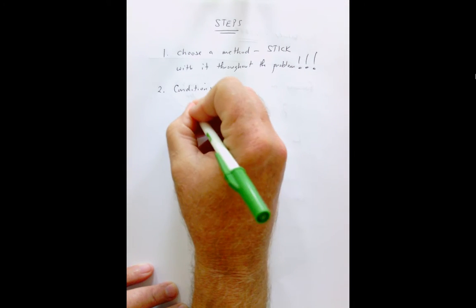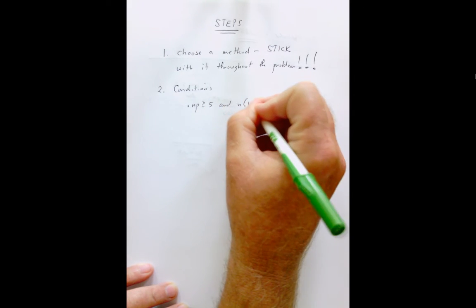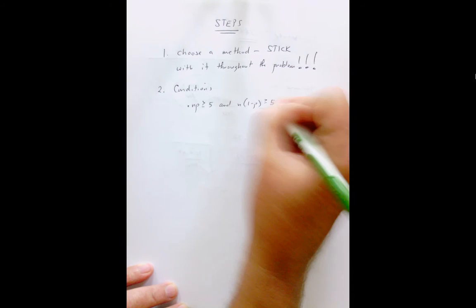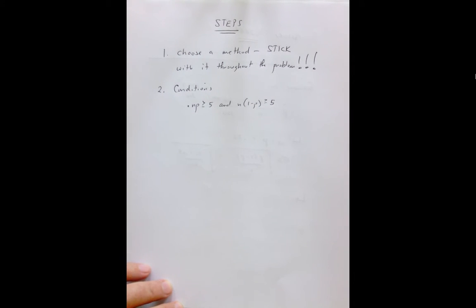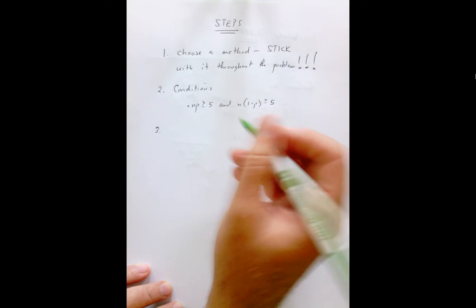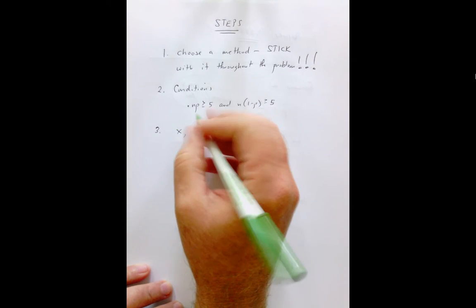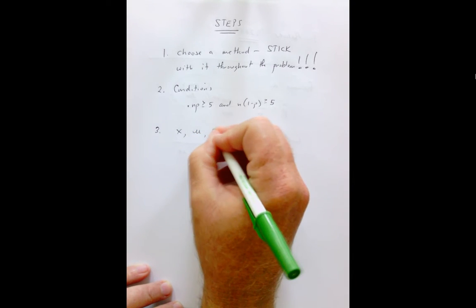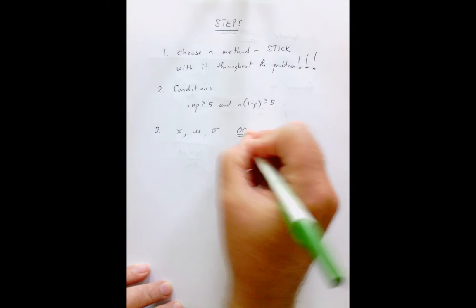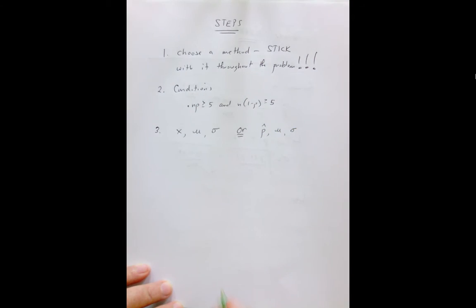Check your conditions. Are n times p and n times 1 minus p greater than or equal to 5? Third thing, again, depending on what you're doing, calculate x, mu, and sigma, or calculate p hat, mu, and sigma.